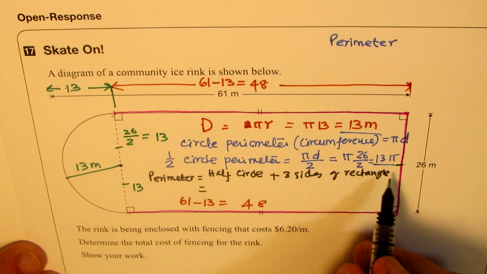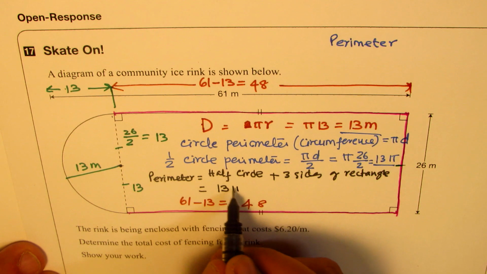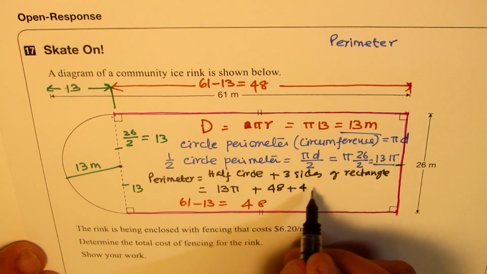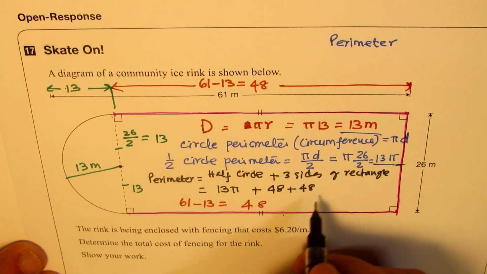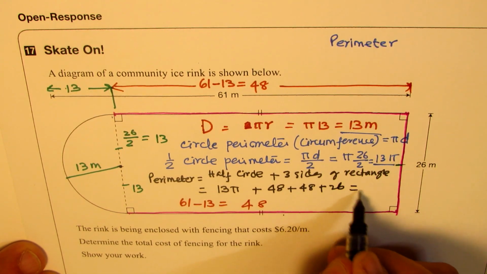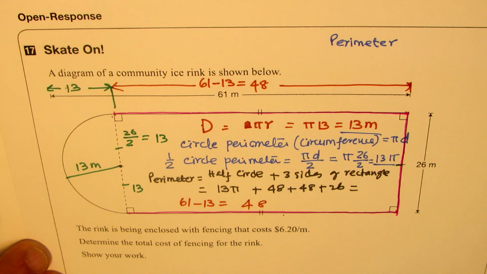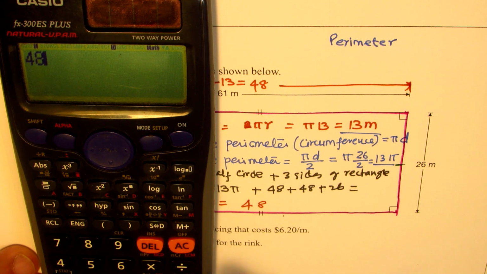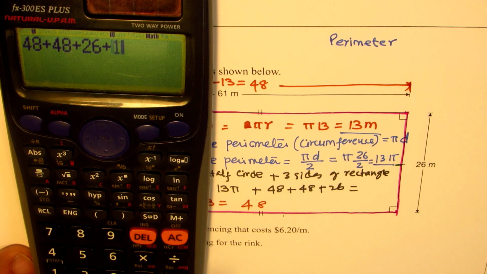In this case, the half circle we calculate as 13 pi, plus the 3 sides are 48 plus 48, these two are equal, plus 26. Is that clear to you? So that becomes our total perimeter. Let's add them up. Let's use the calculator: 48 plus 48 plus 26 plus 13 pi.